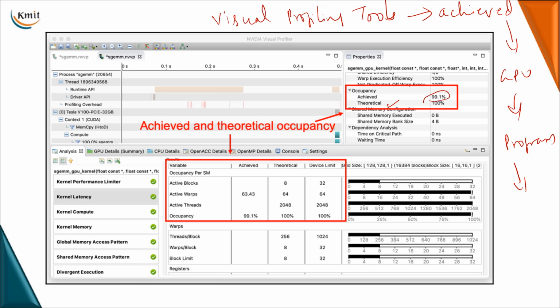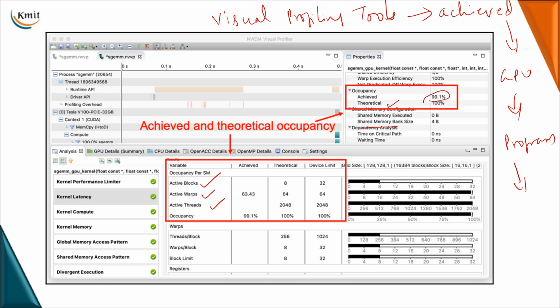Can you tell me why there is a variation between the theoretical and achieved occupancy? There are many parameters: the number of blocks you are using for the program, the number of warps you are dividing your blocks into, the number of threads that are active at that particular time, the shared memory size, or the register size. All these parameters will affect the occupancy.